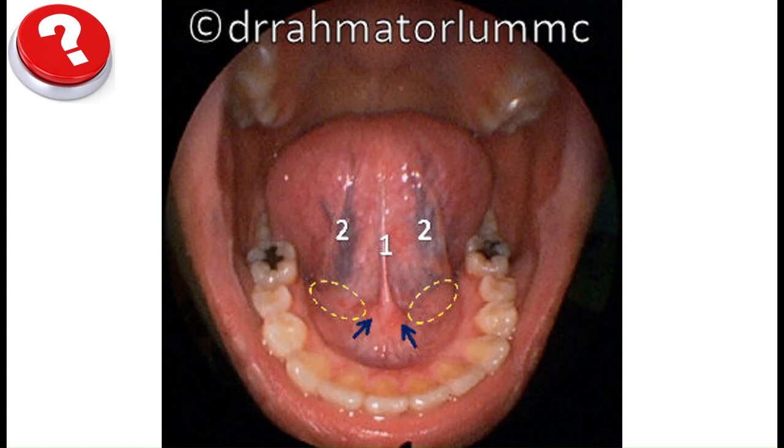And the blue arrows are indicating the openings of the submandibular salivary gland, which are called Wharton's ducts, opening on both sides of the frenulum.